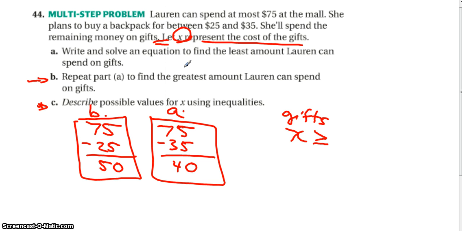She's wondering, which one could it be greater than? Could it be greater than 50 or could it be greater than 40? 40, good, very good. Or the other piece that's missing, Michael? X is less than or equal to 50.